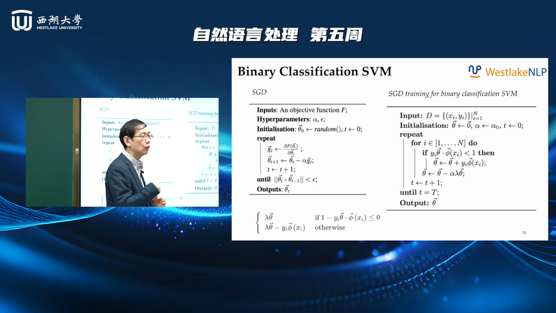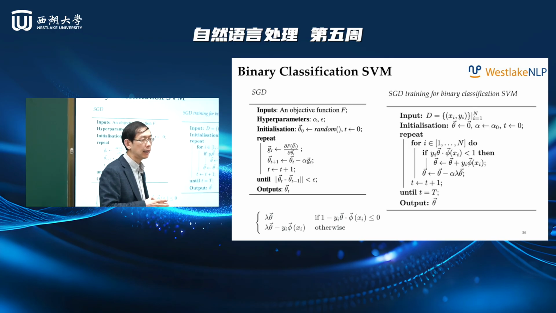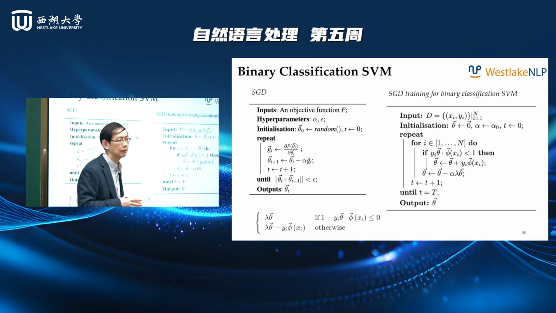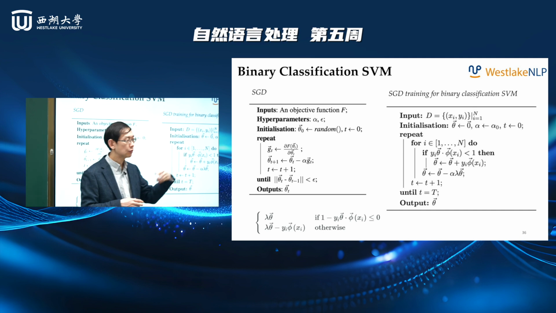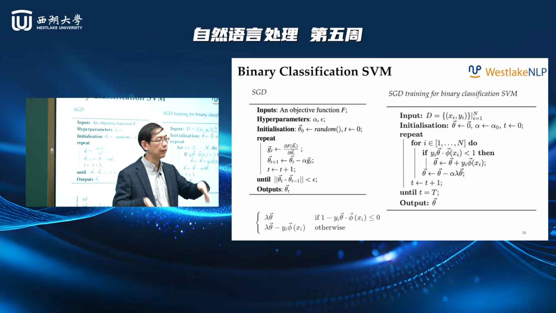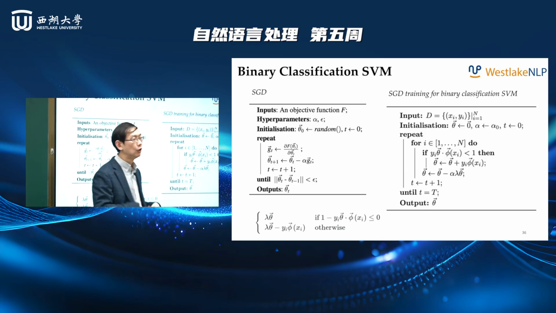When this is a negative training instance, I want to check whether theta dot phi is smaller than negative 1, right? If the positive sample score is more than 1, the negative sample is smaller than negative 1, then I don't have any violation, right? The example sits beyond my support vector. No update.